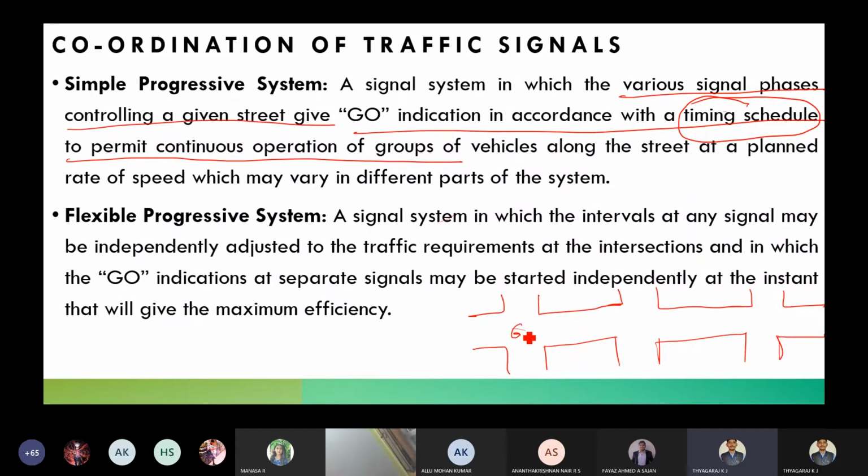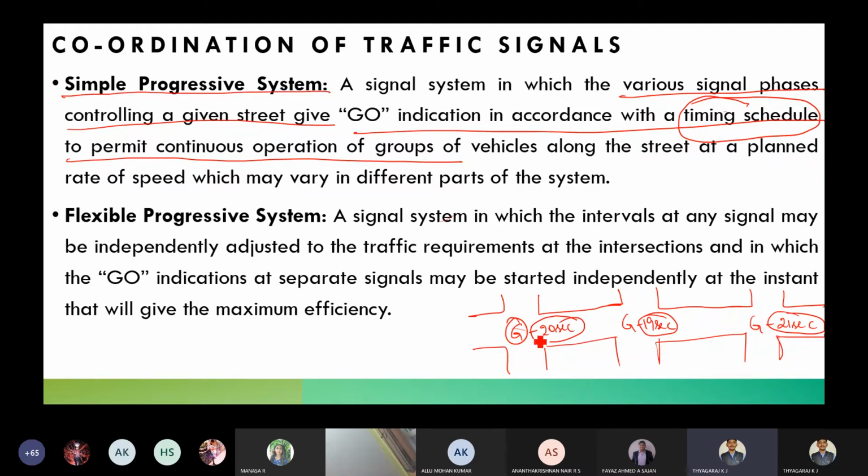For example, here the go phase is given as 20 seconds, here the go phase will be 19 seconds, and here the go phase is about 21 seconds. So all the signals will be green only, but the duration will be different. That type we are going to call the simple progressive system.